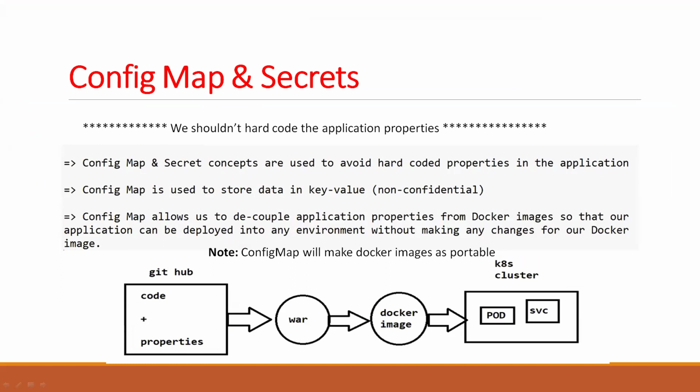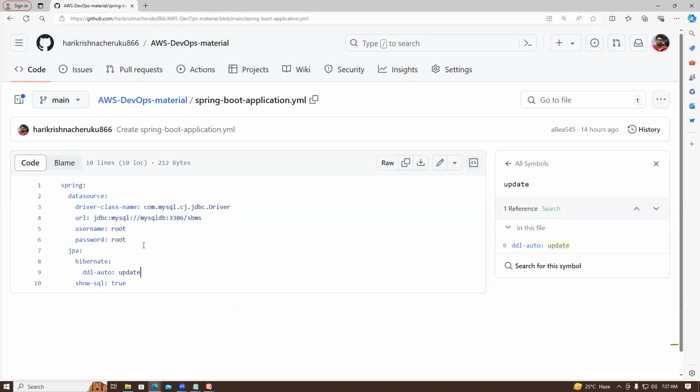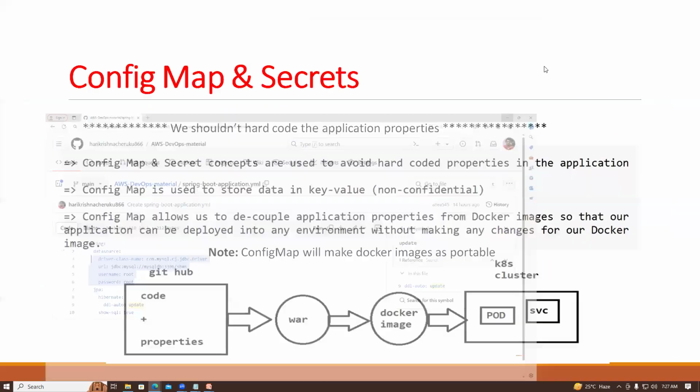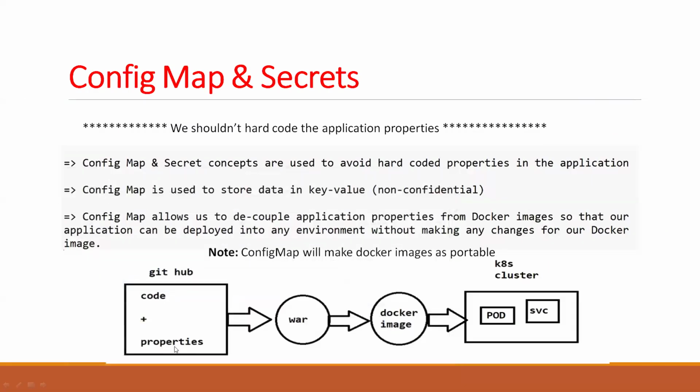The properties in this file are for the dev environment, but for SIT, UAT and pre-production the properties will be different. Again, we need to go to the WAR file, change the properties, and create the WAR file and Docker file, and this Docker file will be only for SIT. Same again for production.